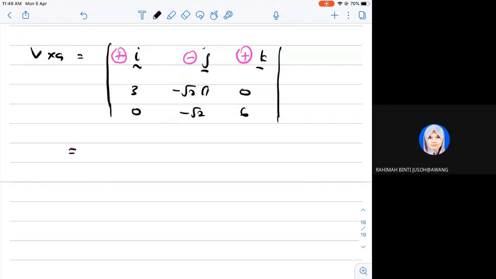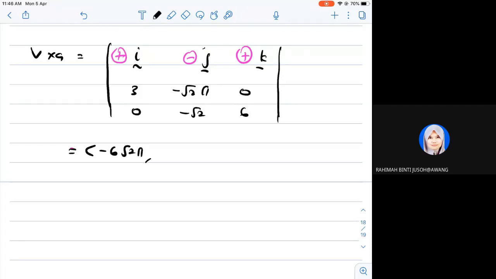Alright, so now proceed as usual guys. I calculate a bit quickly in my head. So cover the first column, crossing this one, we will have negative 6 square root 2 pi. Alright, and then minus 0.